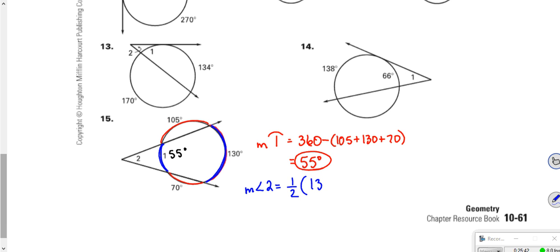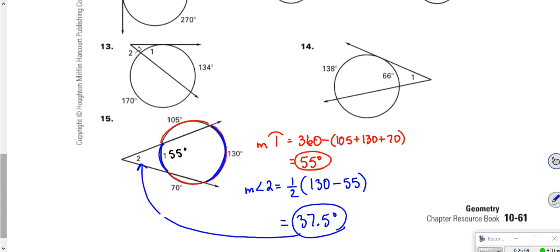So that's going to be 130 minus 55. Poke that in the calculator, and I get 37.5 degrees. So that is my number 2. This is my number 1, and you can tell where I have a couple of dead spots on the board.